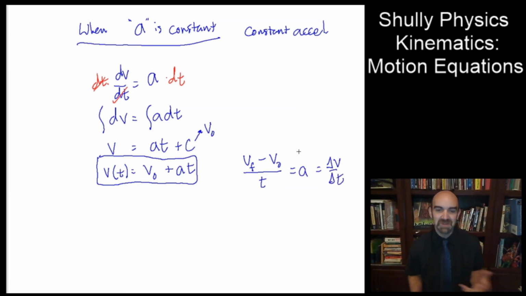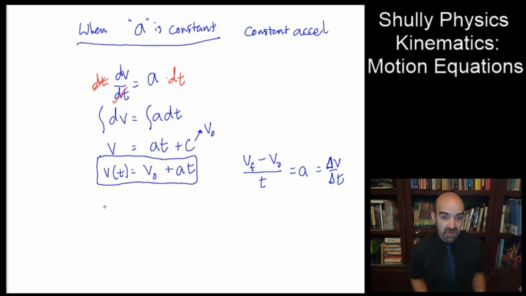So this shouldn't be like a wow moment. But as long as acceleration is constant, you will get a nice finite change in velocity that is the same rate during that entire time segment. So this is one of our equations of constant acceleration.